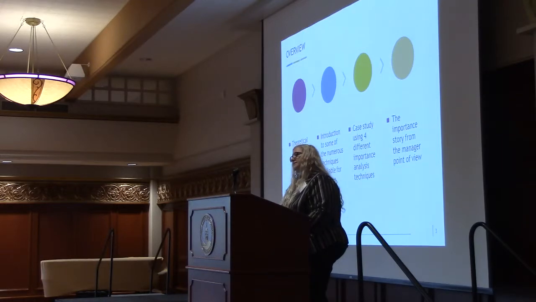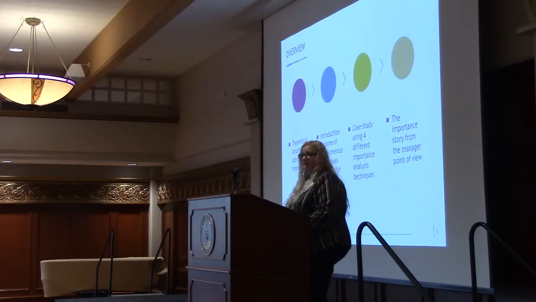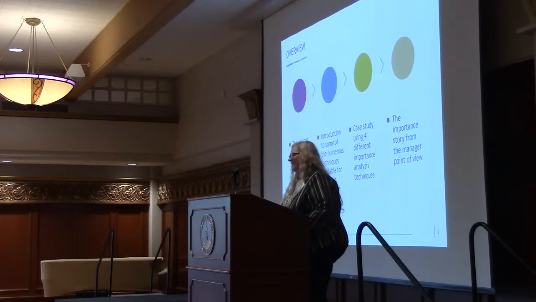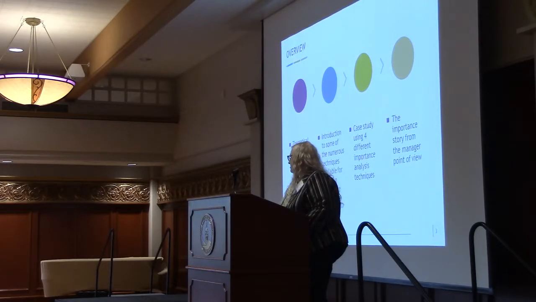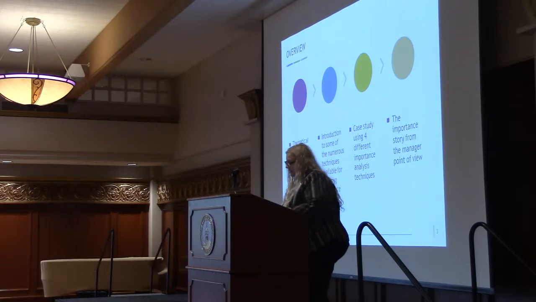Finally, at the end, and this is the important part, is figuring out how we convey the information from all these runs, the log odds ratio, random forest, decision trees, correlation and multiple regression. How do we communicate that to the managers so that they can use it for information when they're making their decisions?